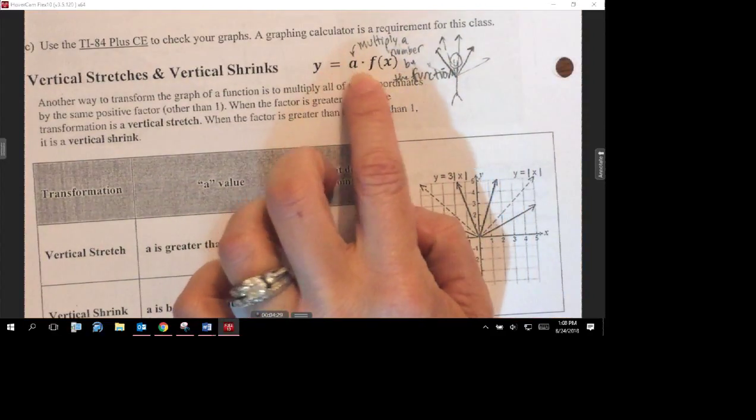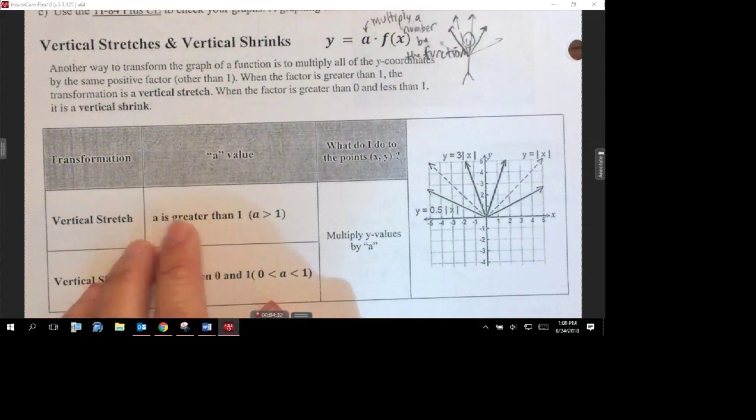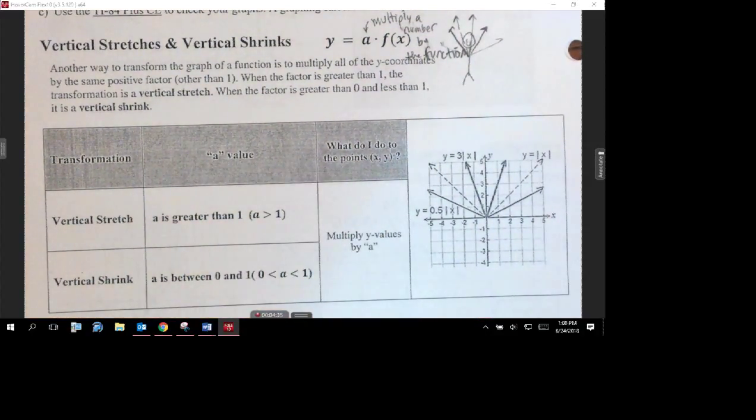That's what this is. If that number is greater than 1, that is a stretch.